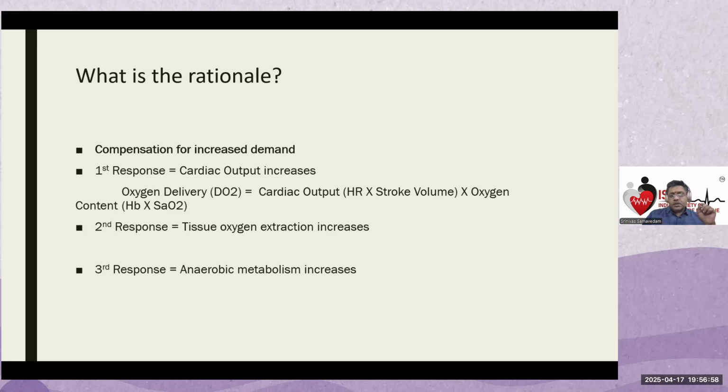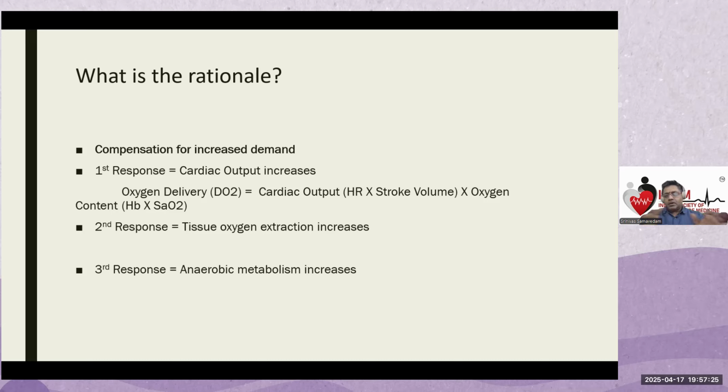The SvO2 is a compensation for increased demand, and the first response to this increased demand, as I said, is an increase in the cardiac output. So, the oxygen delivery is determined by the cardiac output times the oxygen content of the blood. So, the determinants of this oxygen delivery are your heart rate, your stroke volume, your hemoglobin, and your saturation of oxygen in the arterial blood.